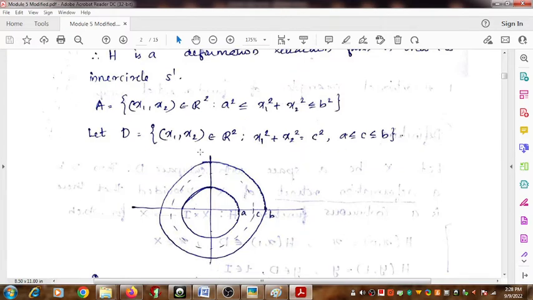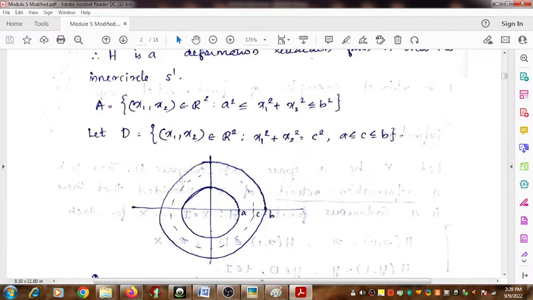So it's also an annulus. It's an annulus, but its outer boundary is determined by the circle x1 squared plus x2 squared equals b squared, and the inner boundary is determined by x1 squared plus x2 squared equals a squared. And you are going to take the subspace D equal to the set of (x1, x2) belonging to R2, such that x1 squared plus x2 squared equals c squared.